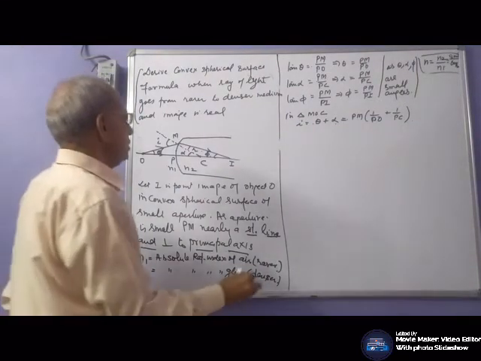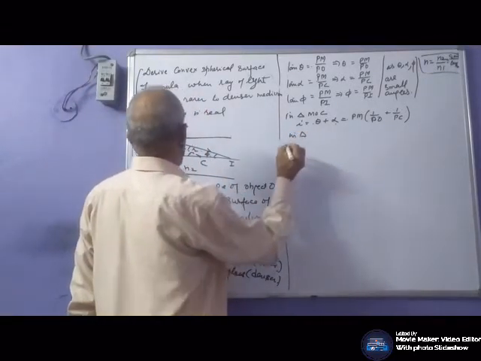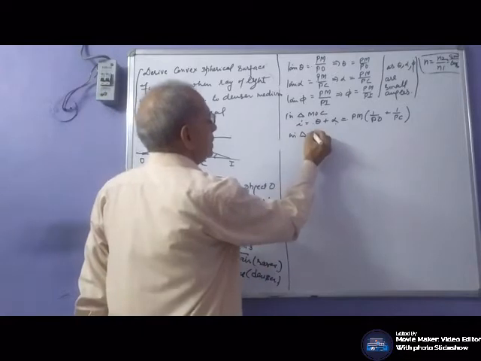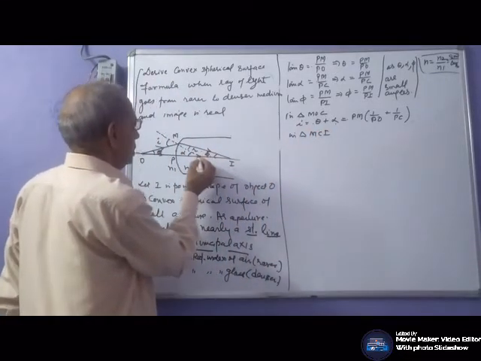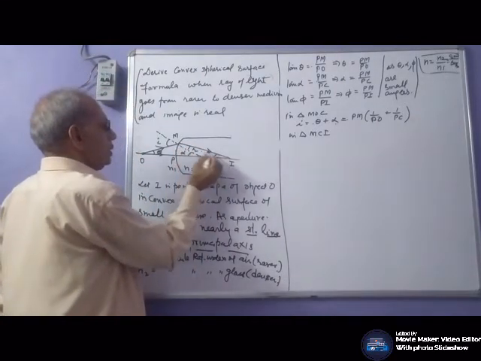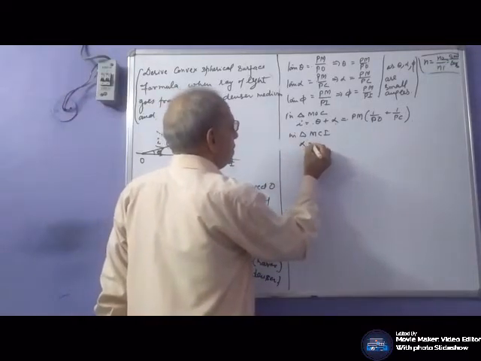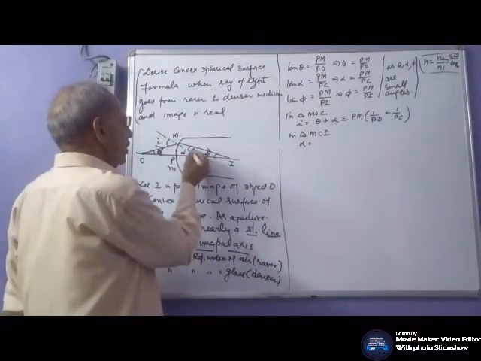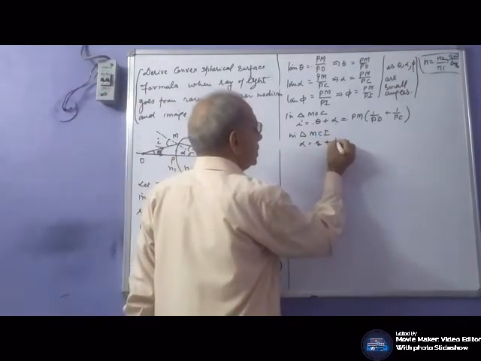Sin R is in triangle MCI. In this triangle, the external angle is alpha. Alpha is the external angle. It is R plus phi.